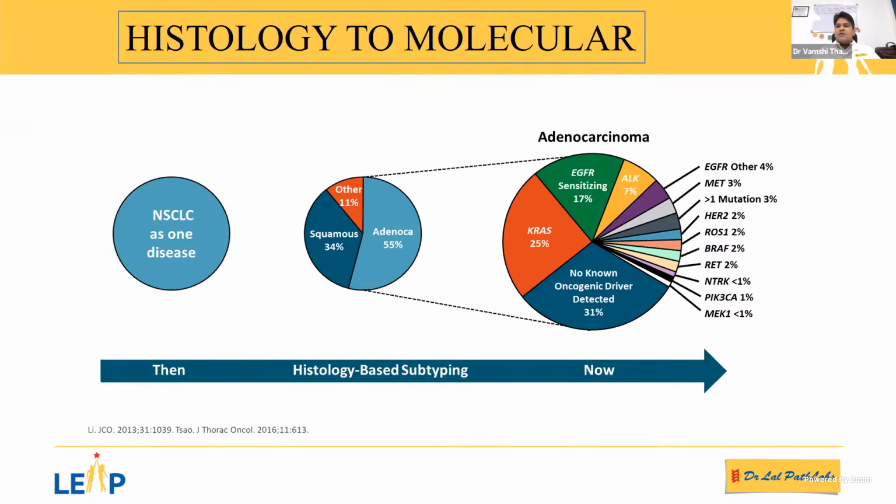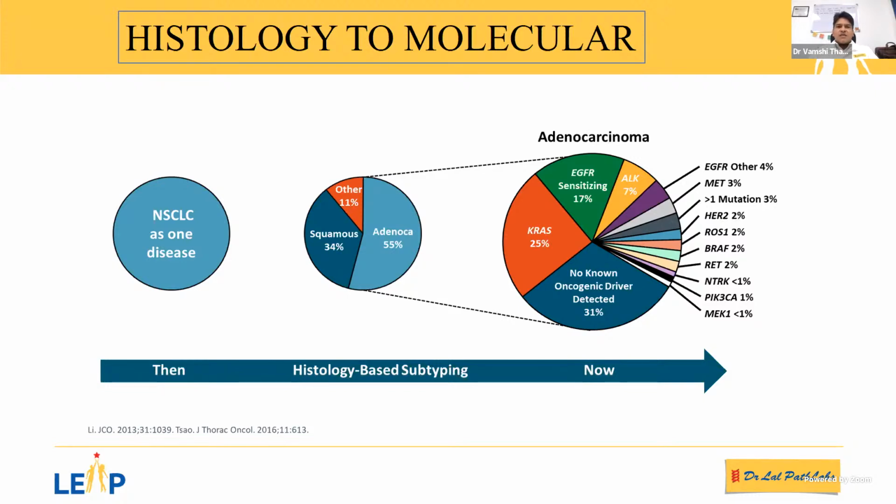And in India, I presume if we have a study in India, it would be around 50 to 60% as well. Then the others are KRAS, 25%, ALK, then MET, ROS1, BRAF, RET, the pan tumor agnostic markers like NTRK, and you still have no oncogenic driver mutations detected in about 30% of cases.